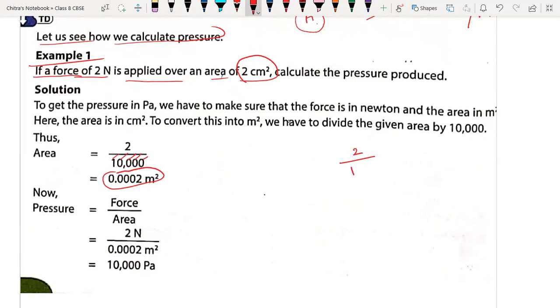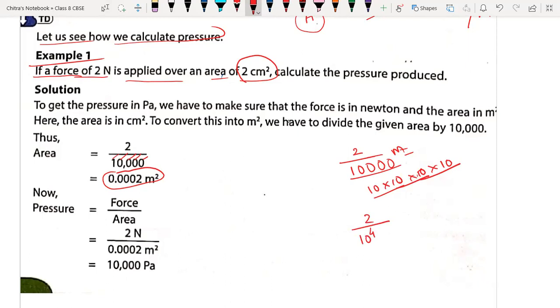It is ones, tens, 100, 1,000 and 10,000. 10 into 10 is 100, into 10 is 1,000, into 10 is 10,000. So we can write it as 2 divided by 10 to the power 4, because 10 into 10, 10 and 10 is 10 to the power 4.